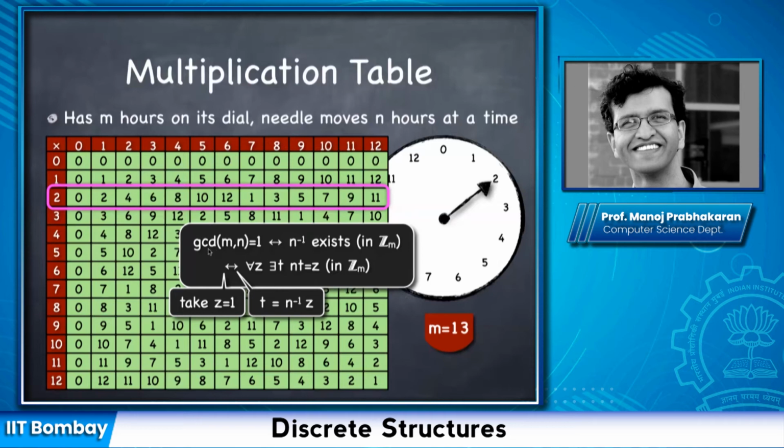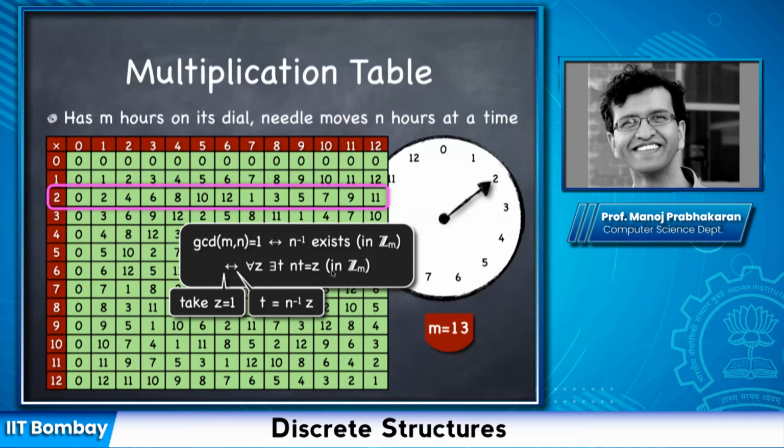So what you need to just remember is that when m and n are co-prime, in the multiplication table for multiplication modulo m, the row for n looks like this. Every integer in 0 to m minus 1 shows up in this row within the first m columns, and so it's true for 0 also.